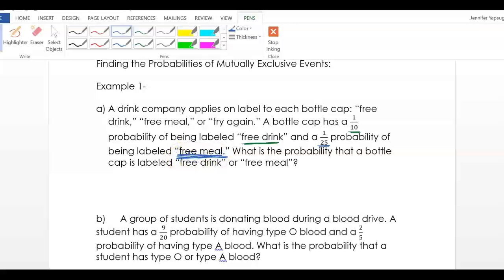So we are asked to find the probability that a bottle cap is labeled free drink or free meal. We are first going to use our notation: probability of free drink, or, using that symbol, the union, free meal.